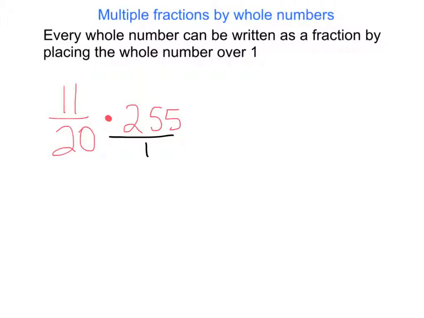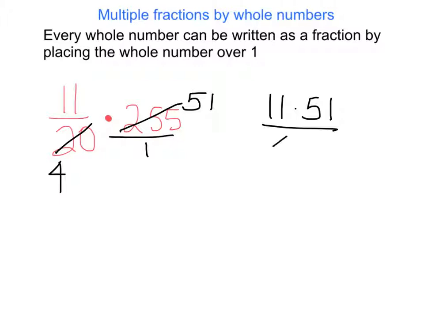There is a greatest common factor in both of these, and that greatest common factor is 5. 5 goes into 20 4 times, and 5 goes into 255 51 times. So now we can just multiply straight across with 11 times 51 over 4 times 1. 11 times 51 is 561. 4 times 1 is 4.